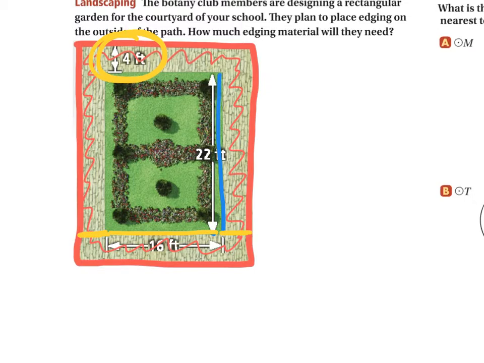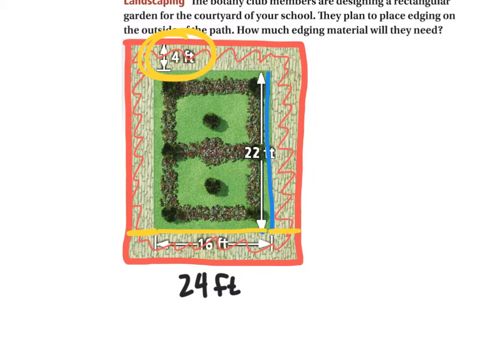So it's 16 plus 8, which is 24 feet. All right, how about the height? The height, well again, this is 22, but we have an extra 4 feet up there and an extra 4 feet down there. So 22 plus 8, 30 feet is the height.